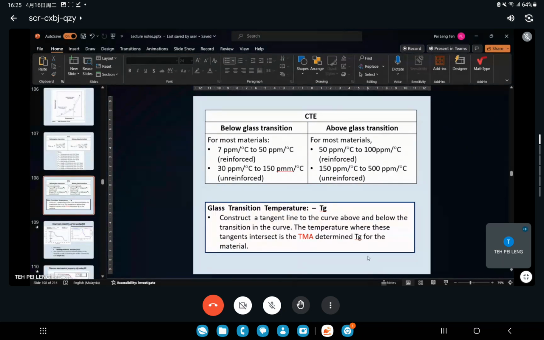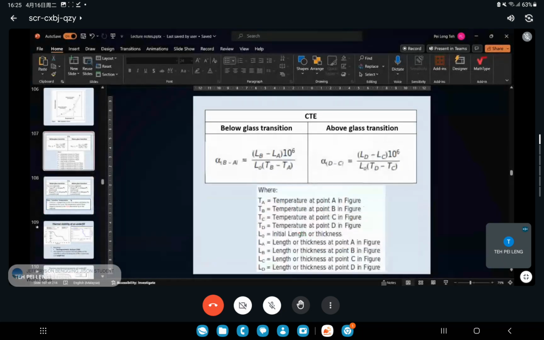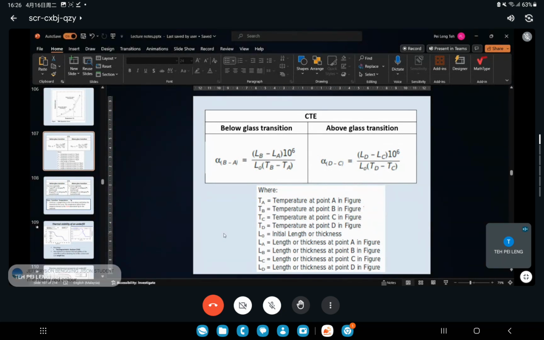So you learned something new today, right? This one you never learned before, right? Yes or no? Or you already learned it before? This one? It's not inside your slide?